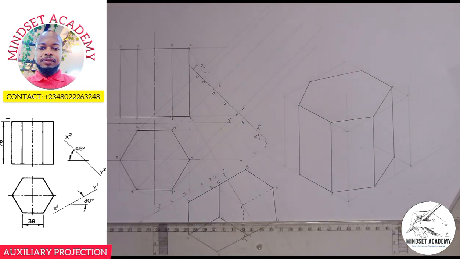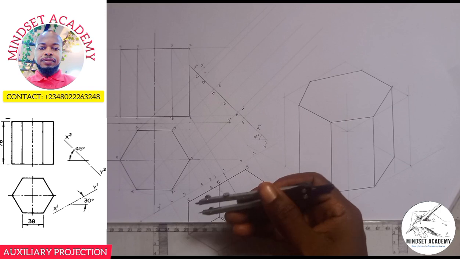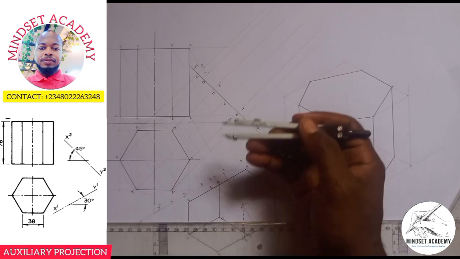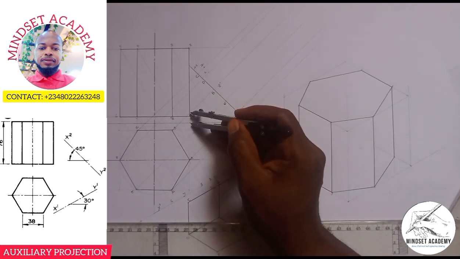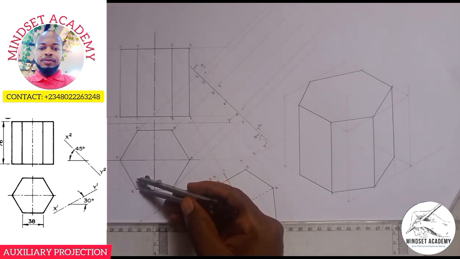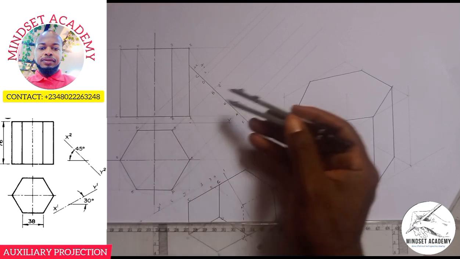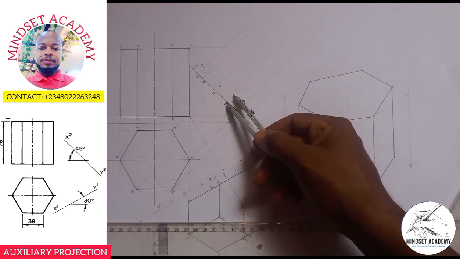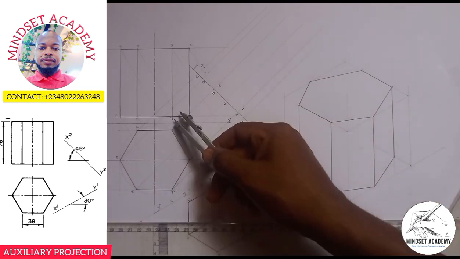So we'll now do the same thing for the upper one here, from this reference point. If I come to the point of E, the same procedure. Then F also we have the same thing.